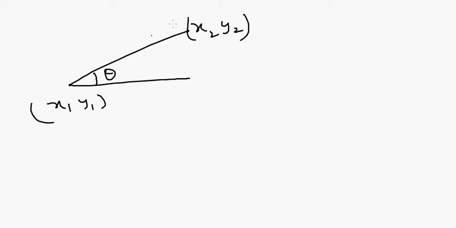Now, if I have to say at what angle it is inclined, can I find it out? Yes, you can, of course. This is a triangle, isn't it? This point is x2, y1, this is x1, y1, this is x2, y2.